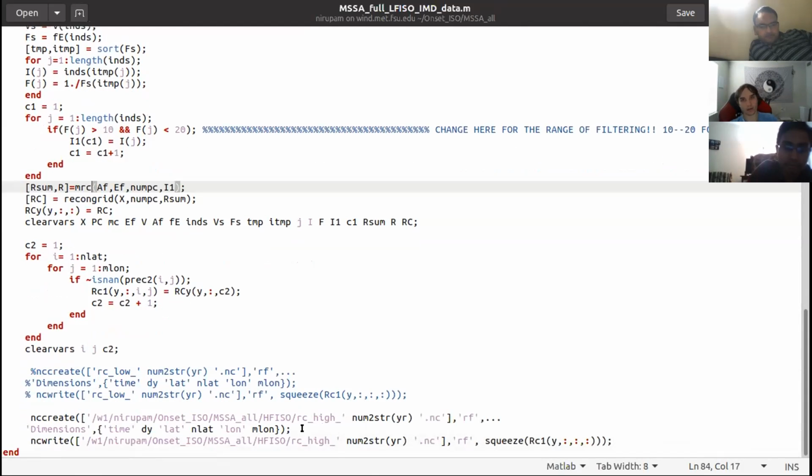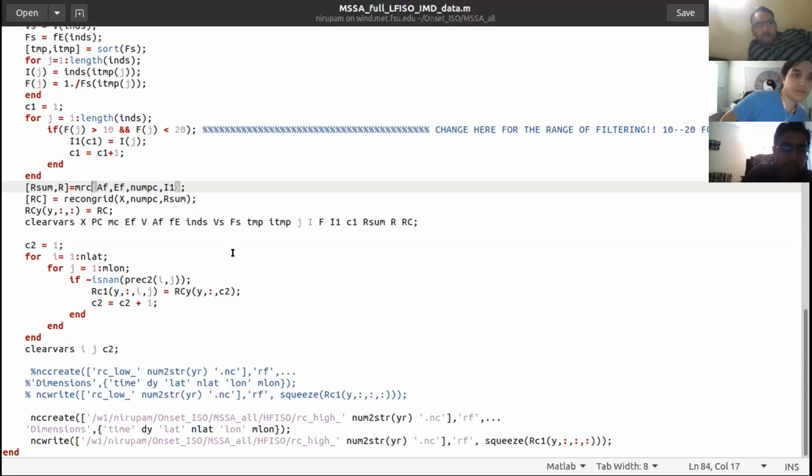So you basically told the MATLAB code to look for modes with periods between 10 and 20, tell you what the index is, and then from there you ran the MRC reconstruction with those indices that it pulled out. Exactly, that's what is done here.